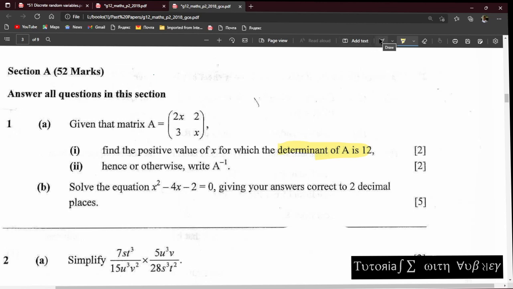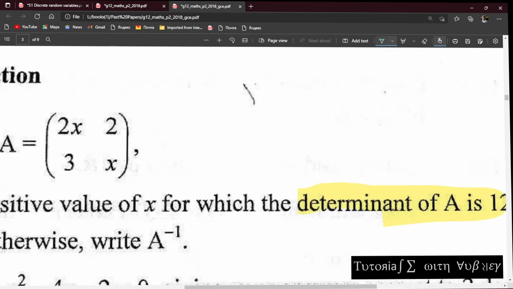To find the determinant of matrix A, we multiply the elements in the major diagonal.